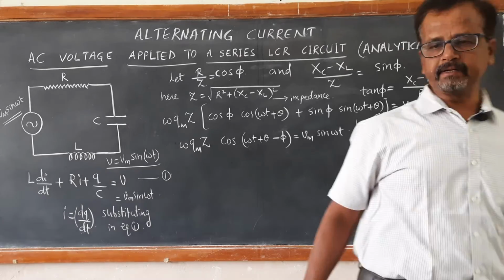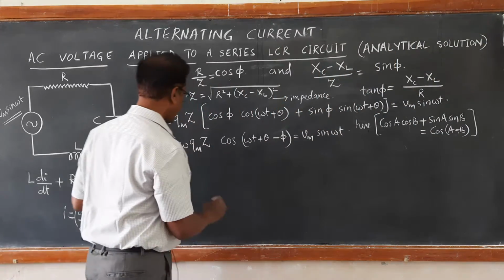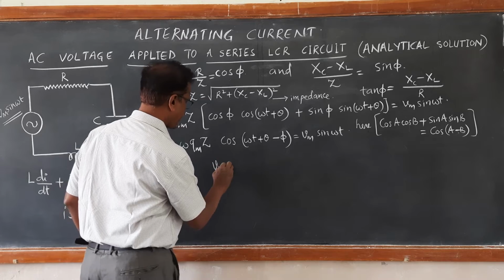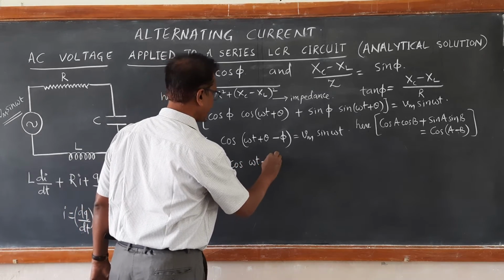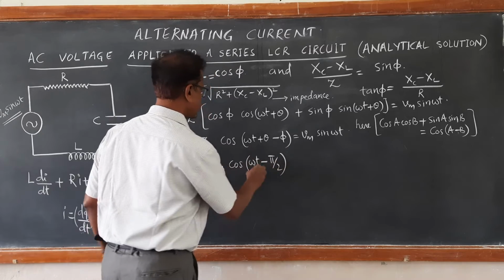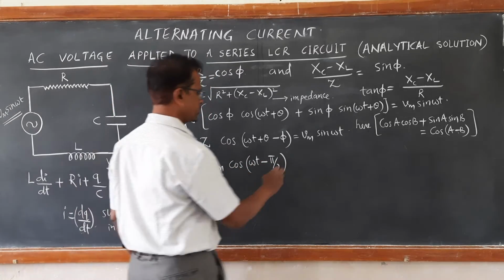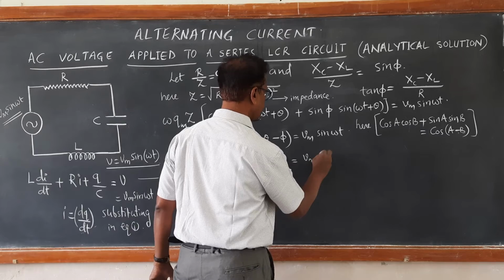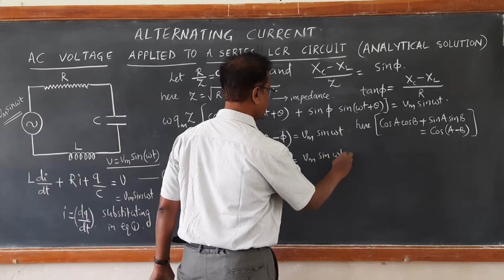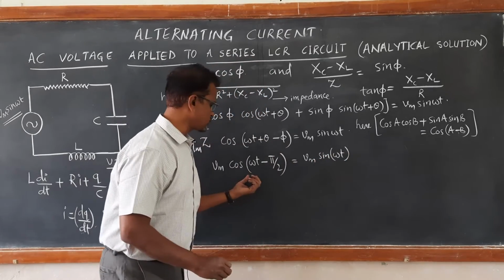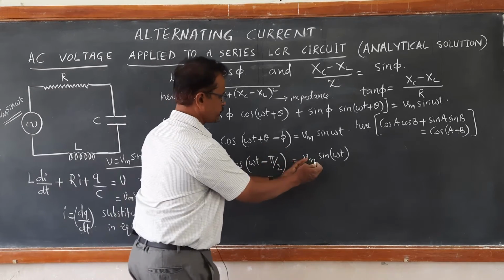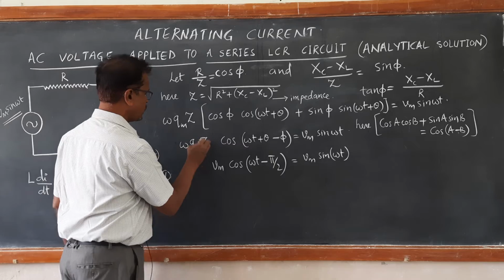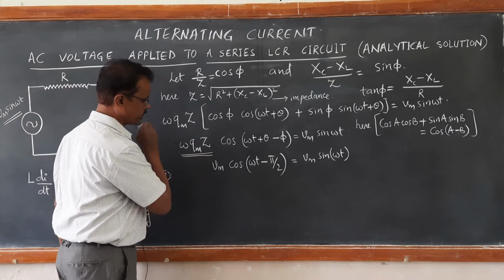So this can be written in a very convenient way as Vm cos(omega t minus pi by 2) equal to Vm sin omega t, because cos(omega t minus pi by 2) is sin omega t, and we have equated this Vm as this Vm. Then we can find out what is the value of Vm here.